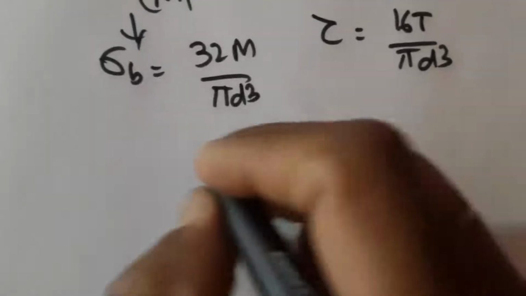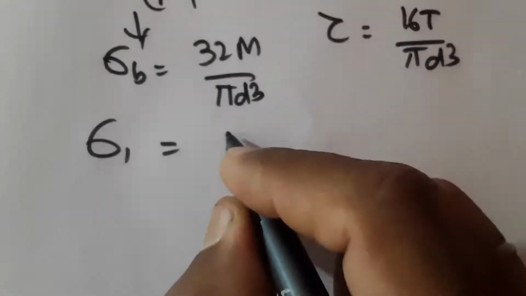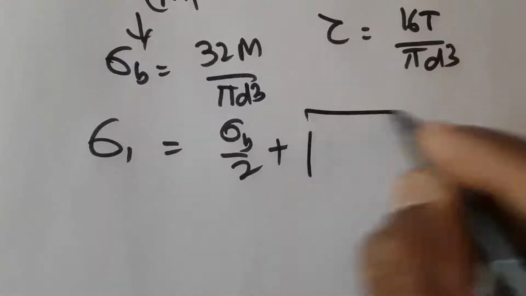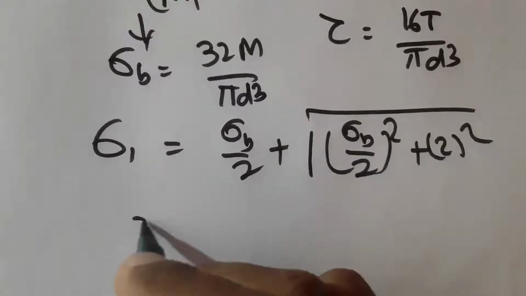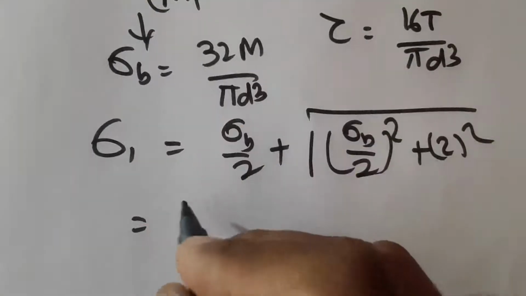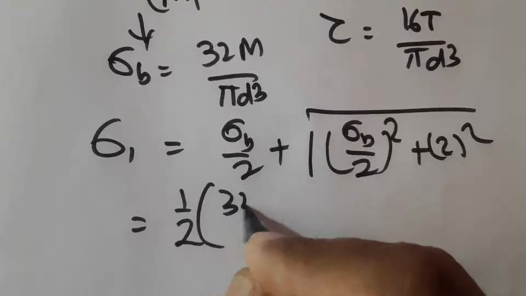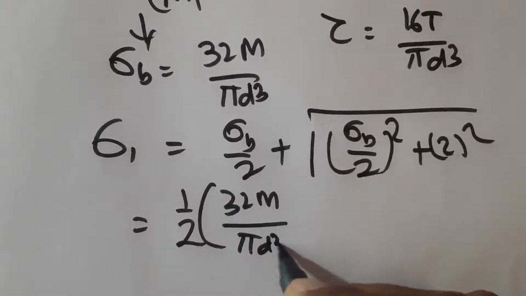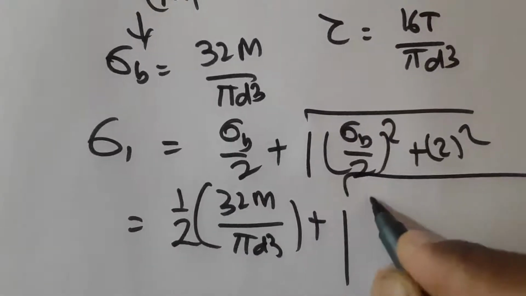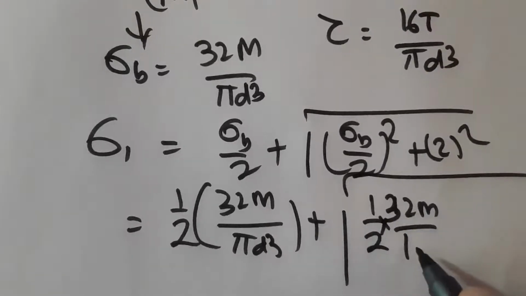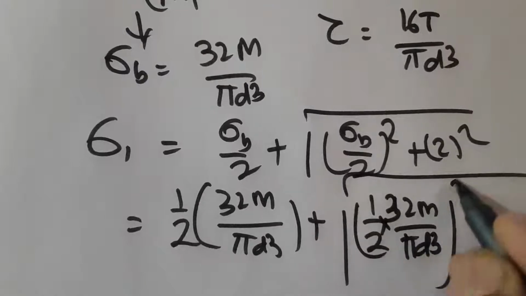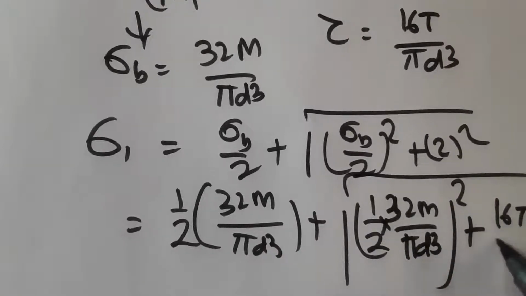As I told you, the principal stress sigma 1 is equal to sigma b by 2 plus the square root of (sigma b by 2) squared plus tau squared. So in this case, this will be 1 by 2 of 32 M by pi d cubed plus the square root of (1 by 2 of 32 M by pi d cubed) squared plus (16 T by pi d cubed) squared.